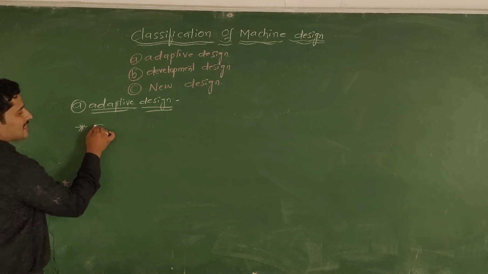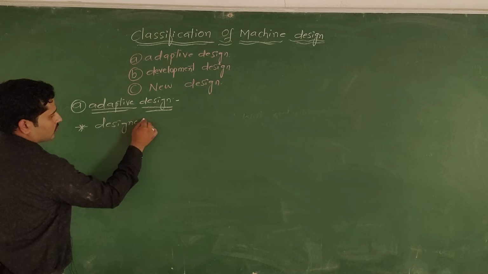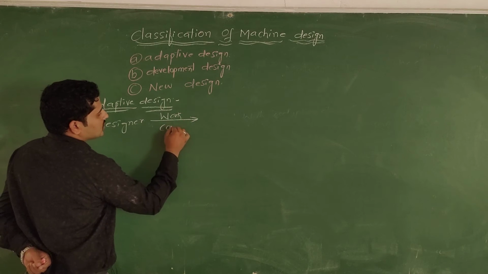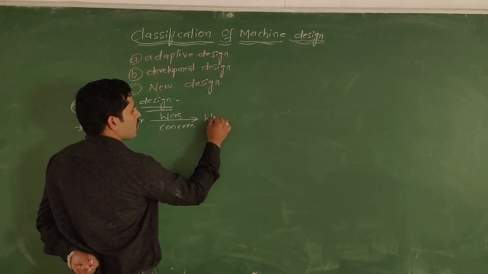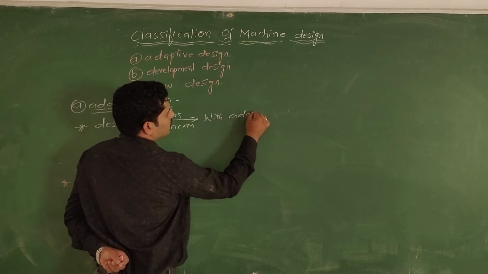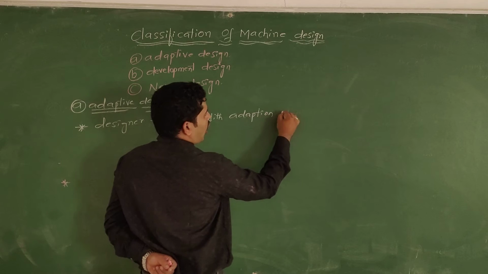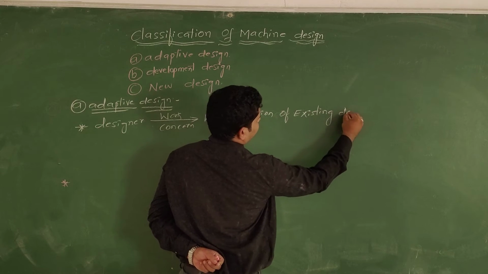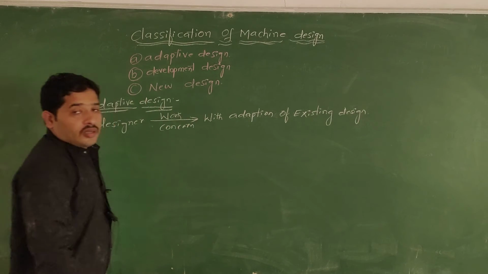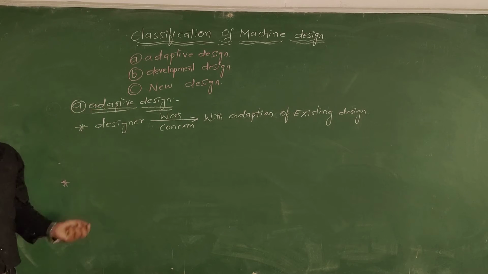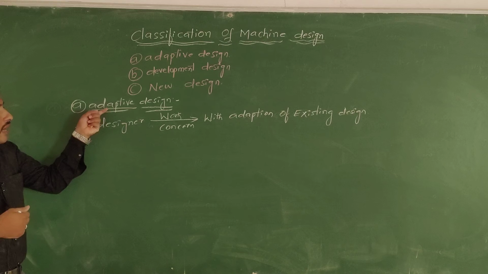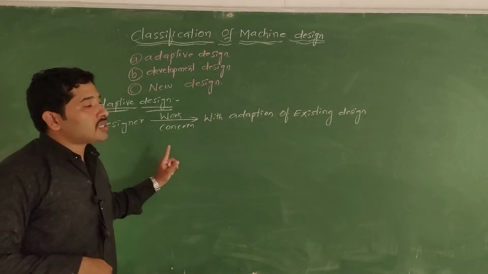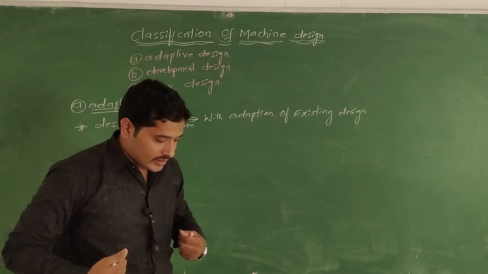First point, the designer's work is concerned with the adaptation of existing design. So adaptive indicates the adaptation of existing design. So the designer's work is concerned with the adaptation of existing design.